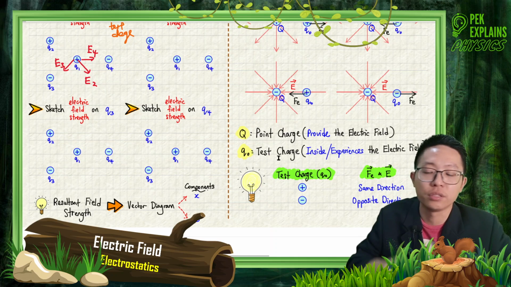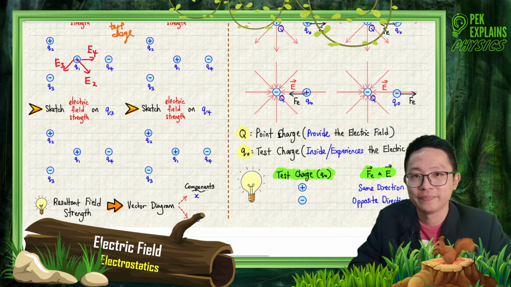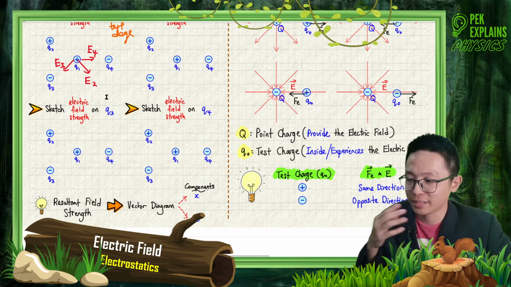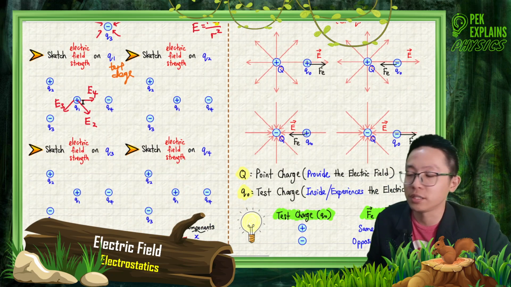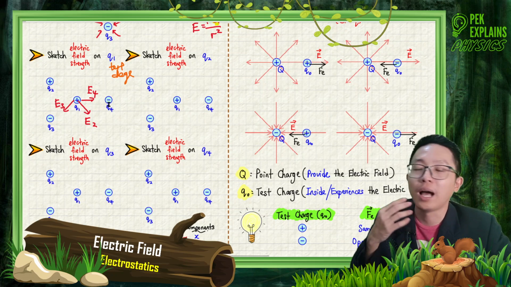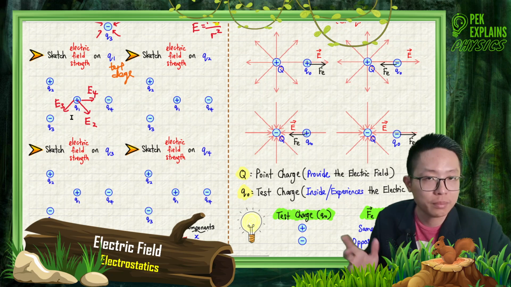If the test charge is not available, the electric field is still available because the point charge is still there. So if Q1 is not there, E2, E3, E4 are still there, because Q2, Q3, Q4 are point charges. They are still available to provide the electric field.